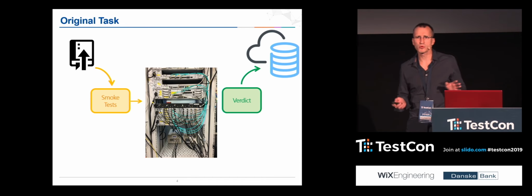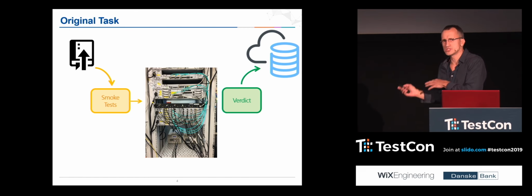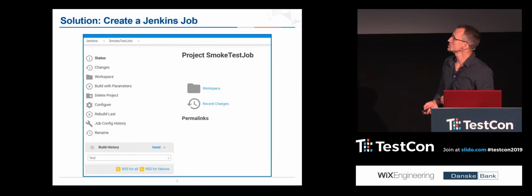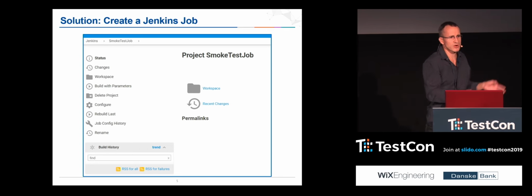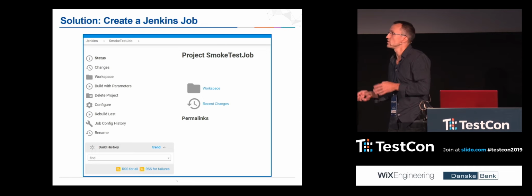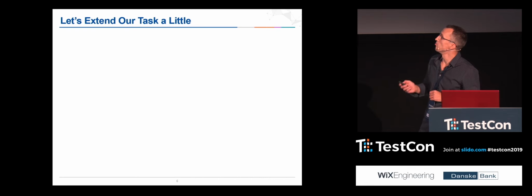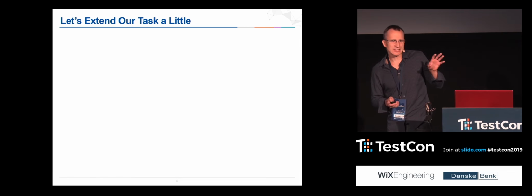It's a very simple task. And of course, the solution for this task automation was to use some simple Jenkins job, right? What it does is execute some script against the testbed that we had here. Everybody can do this, and basically we could consider the job done, but the issue was the test cases themselves.